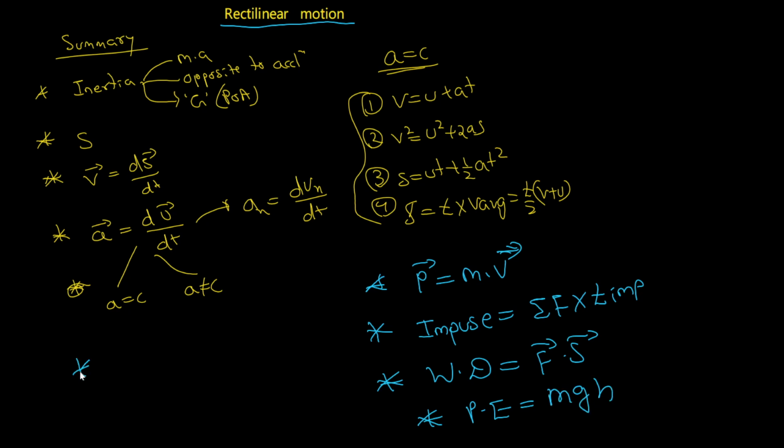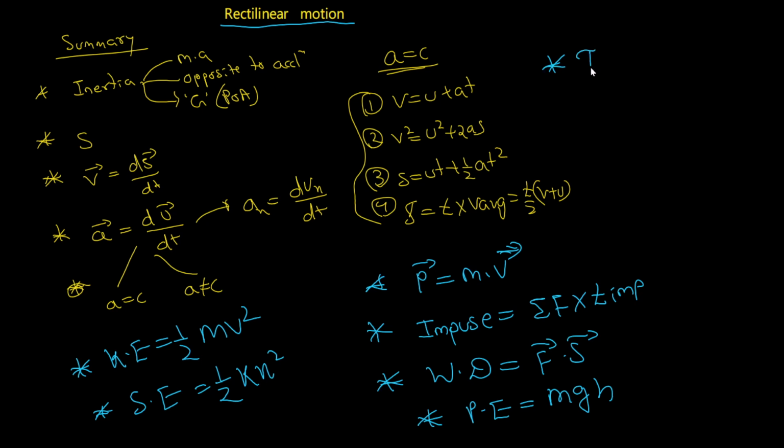Then we talk about kinetic energy, half mv square. Then spring energy, half kx square. Then in the final, total energy is the sum of potential energy plus kinetic energy plus spring energy. Then we talk about the principles.